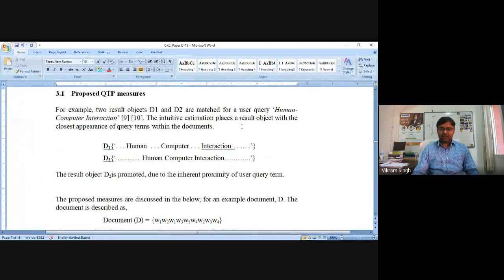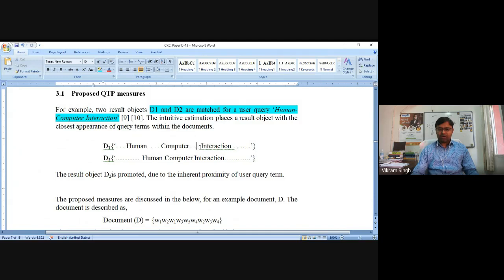To understand the importance of the term proximity measure, the query term proximity measures, suppose in the matched document set, we have two documents, D1 and D2, which are derived for the user query, human-computer interactions. You can see the D1 document has various other words between these three terms, human-computer interactions.